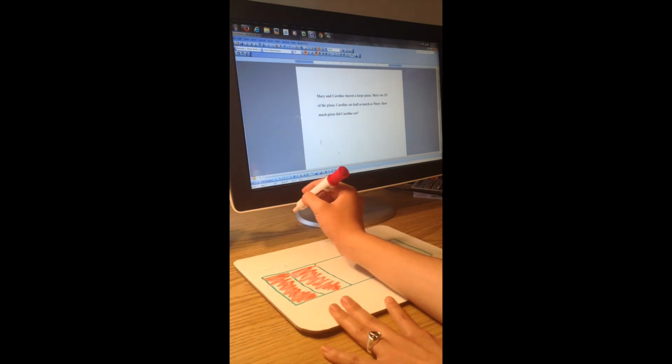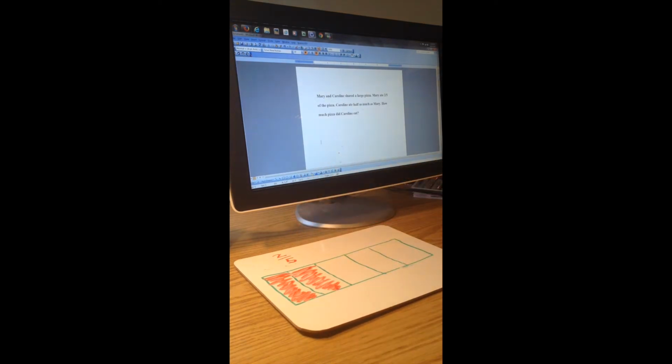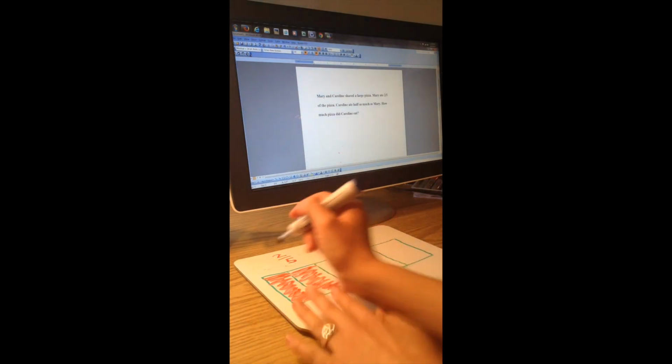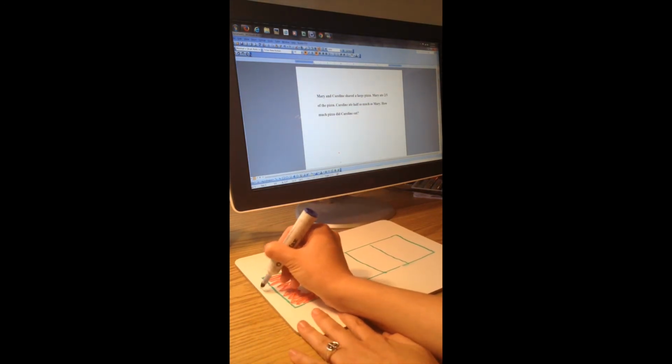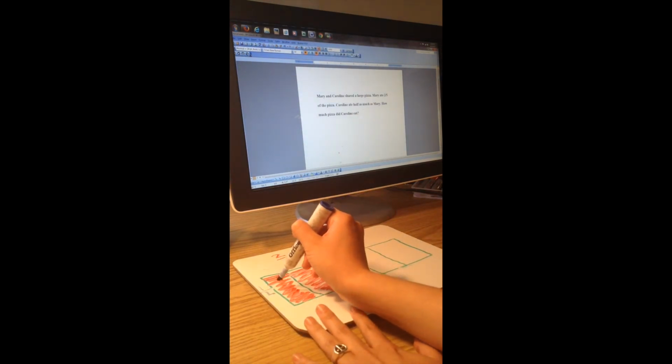And if we're looking at Caroline's 1/2, we will have to represent that vertically. 1/2, we would split these pieces into 2 equal parts.